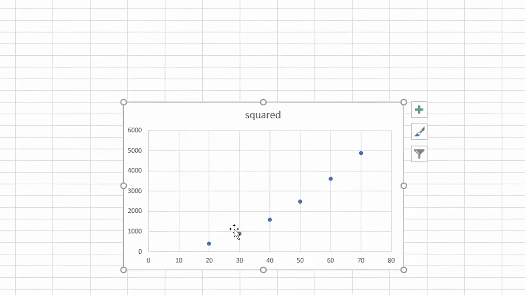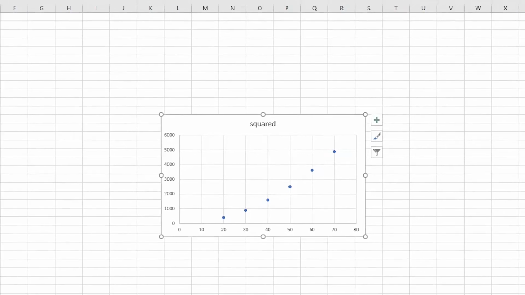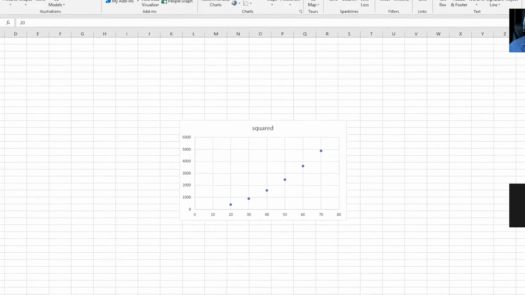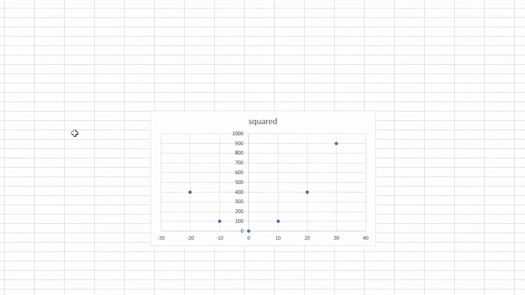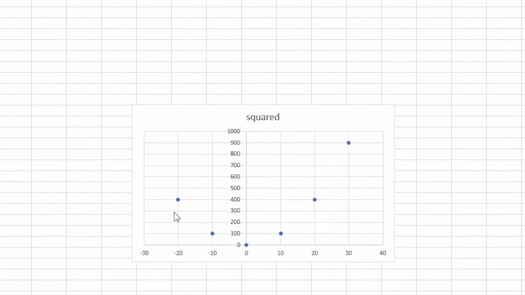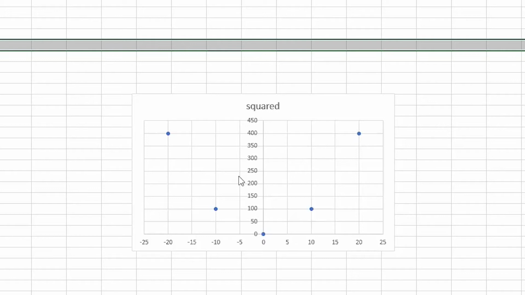So notice in this model, speed is highly correlated with speed squared. If, for example, though, I start out at centering this, notice speed and speed squared, that scatter plot does not look nearly as linear as it did before. If everything were perfectly balanced, I didn't have, for example, this row, there's no correlation between speed and speed squared.